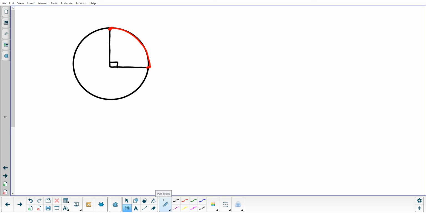Now, how big of an angle did I just draw? Yeah, I drew a 90. Good. So you got a 90-degree angle. And how much of the circle does that arc take up? A quarter. So when we have a 90-degree angle, the arc is a quarter of the circle.